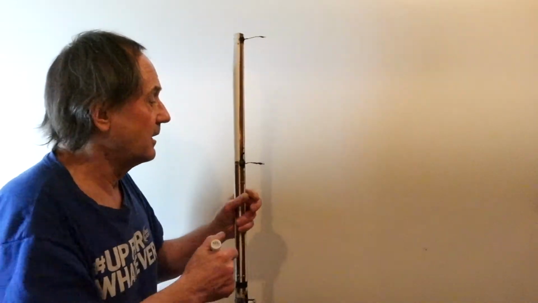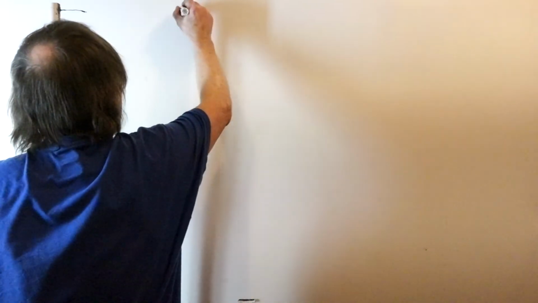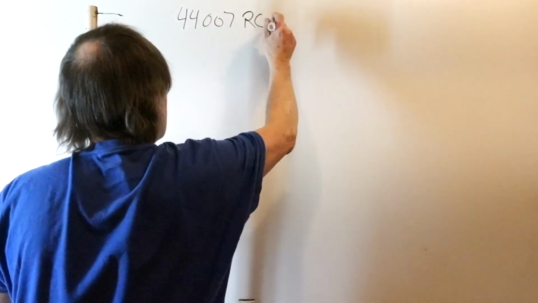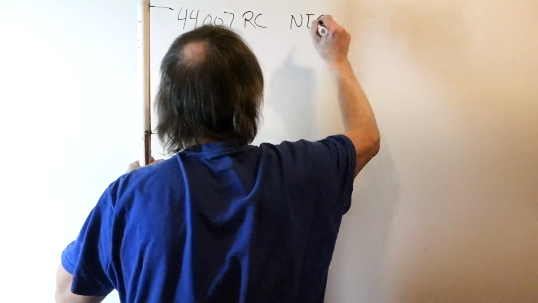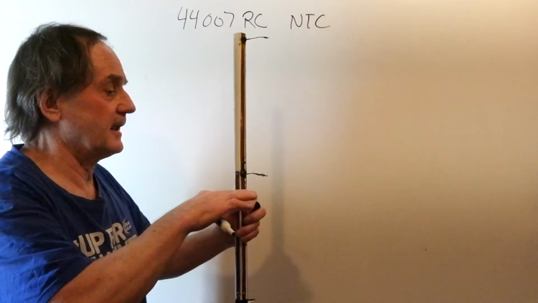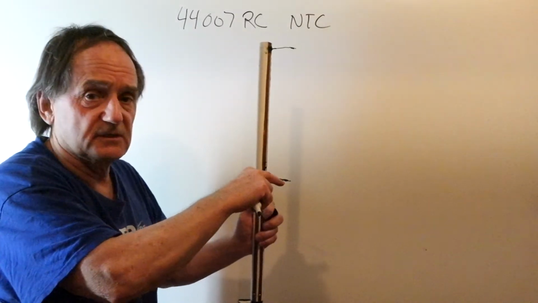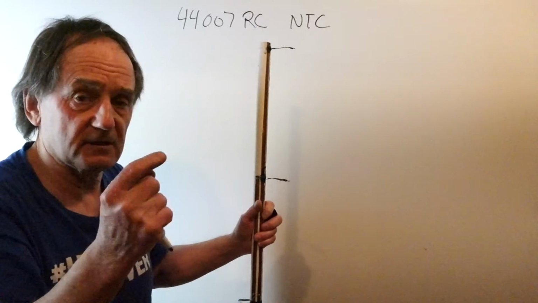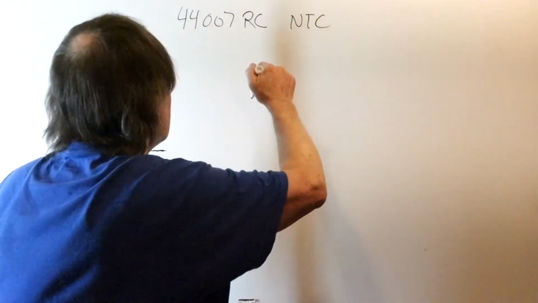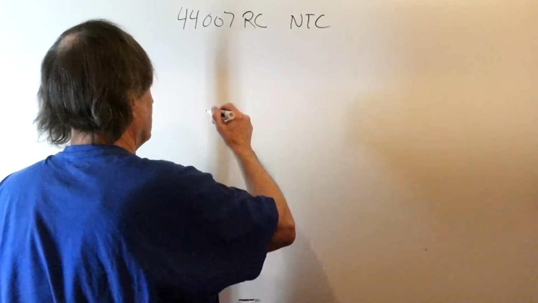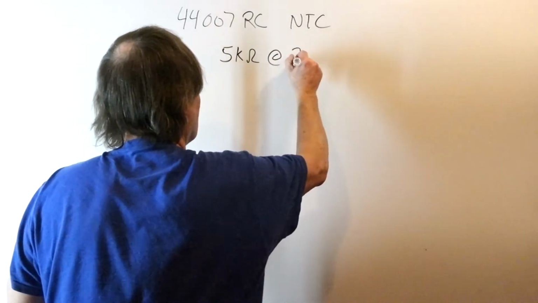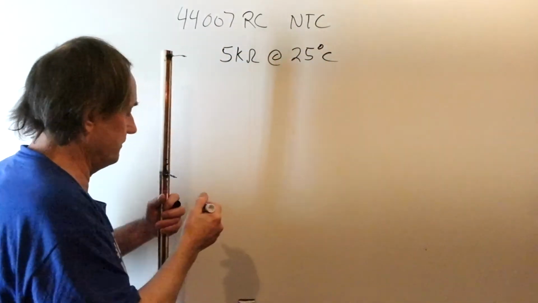These thermistors are type 44007 RC NTC epoxy thermistors. NTC stands for negative temperature coefficient, meaning that as the temperature rises, the resistance of the thermistor decreases, and as the temperature decreases, the resistance of the thermistor increases. This type of thermistor has a nominal resistance of 5 k ohms at 25 degrees centigrade.